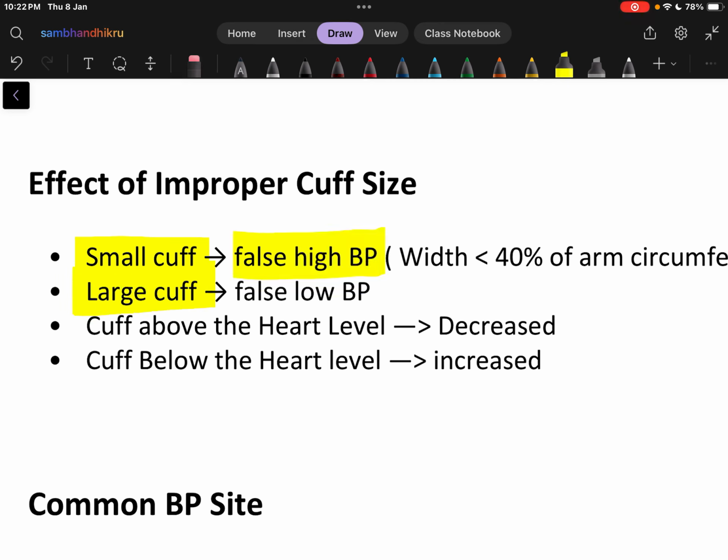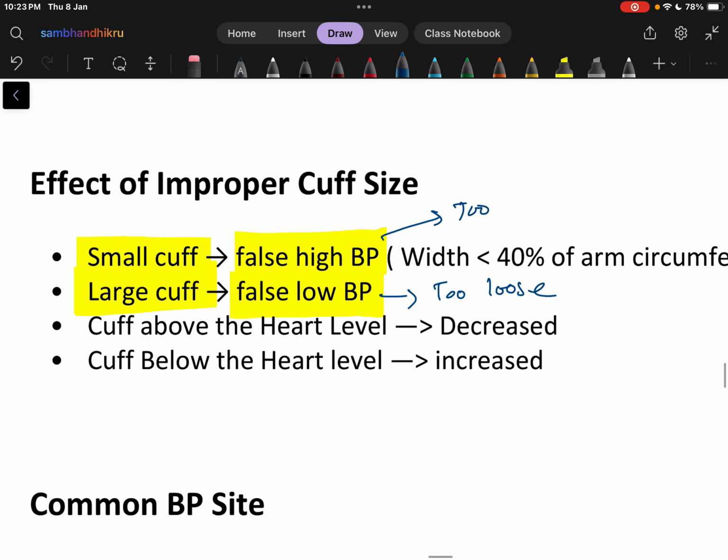A large cuff, like an adult cuff you are using on the infant, will give you a falsely low BP because it is too loose. If it is a small cuff, it is too tight, isn't it? Too tight.